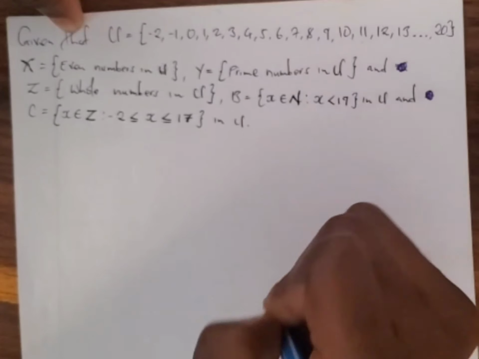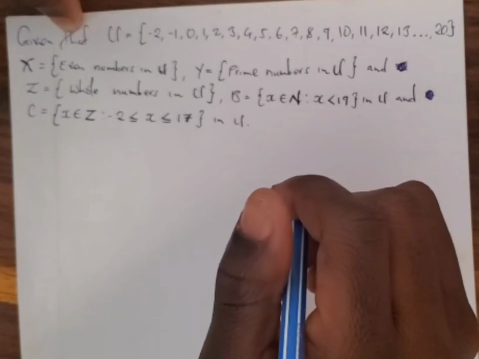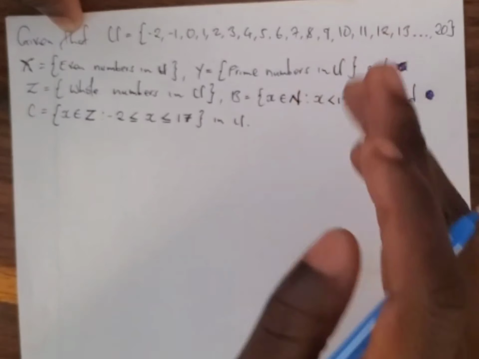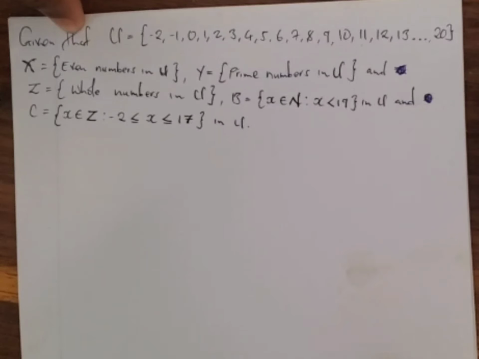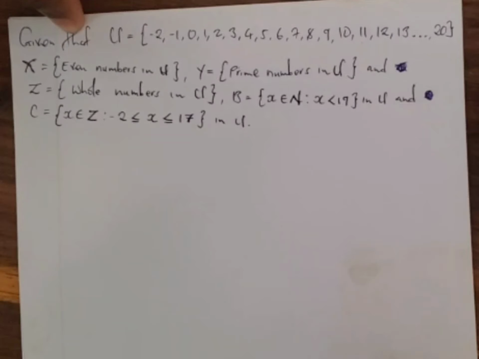The second type of method is the rule method, or set builder method. A set builder method tries to describe a set by identifying the properties that determine the elements in that set. I hope that's clear.